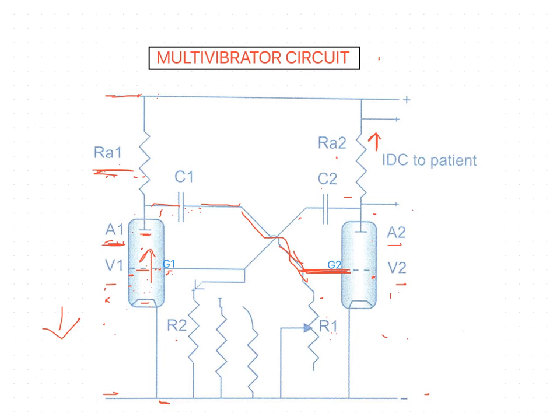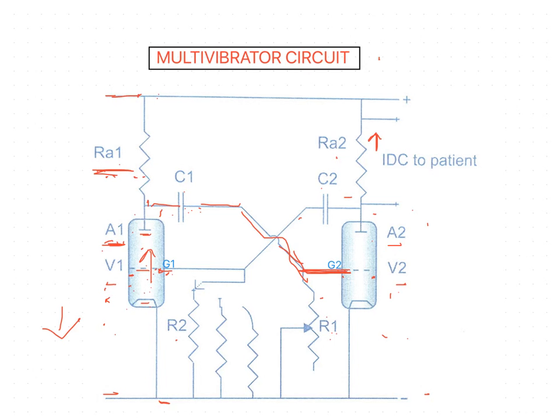So again this G1 becomes more negative, further reducing the intensity of the current across V1. Then again this causes A1 to become more positive, and this passes again through C1 to G2, and again the flow of electrons increases, making A2 more negative.